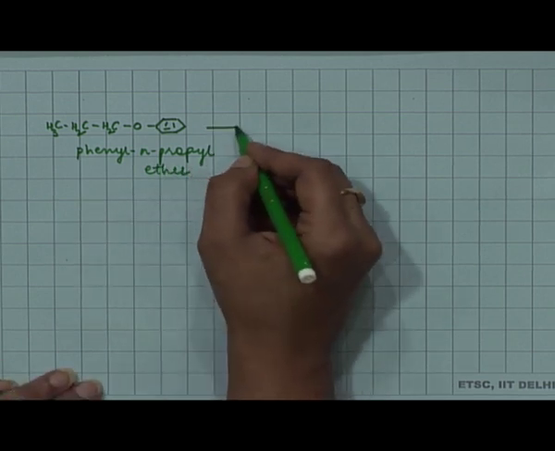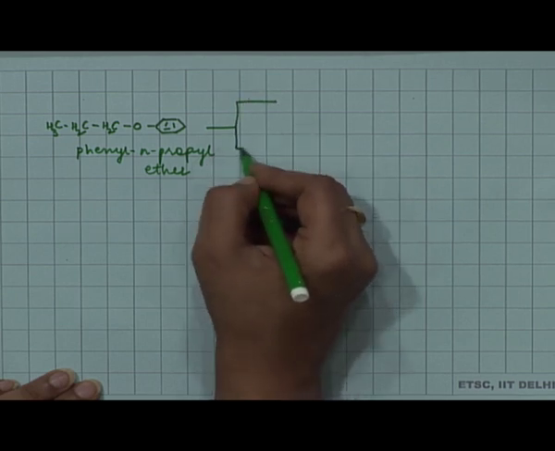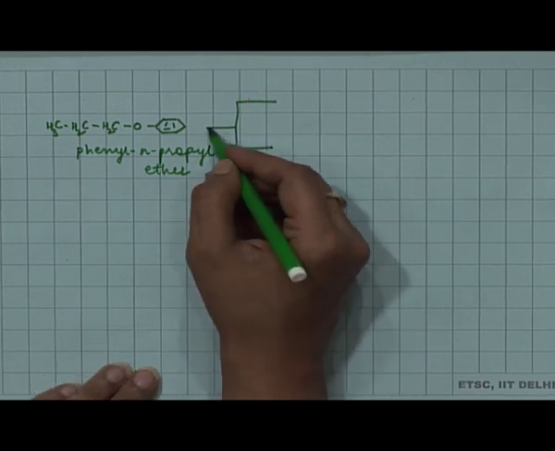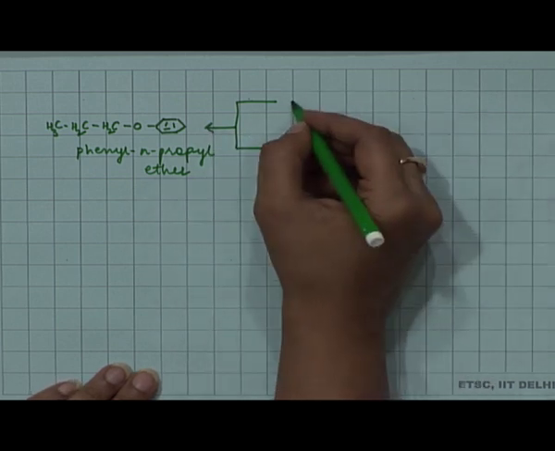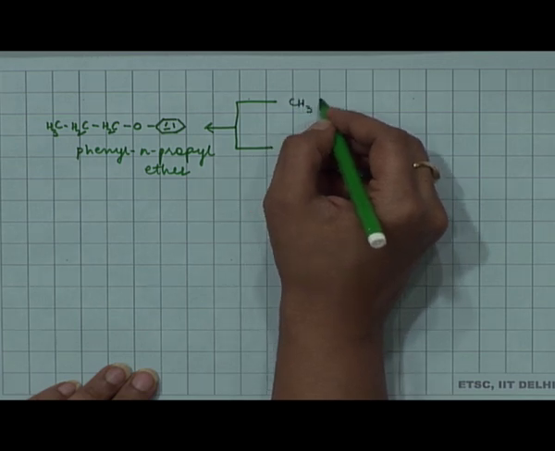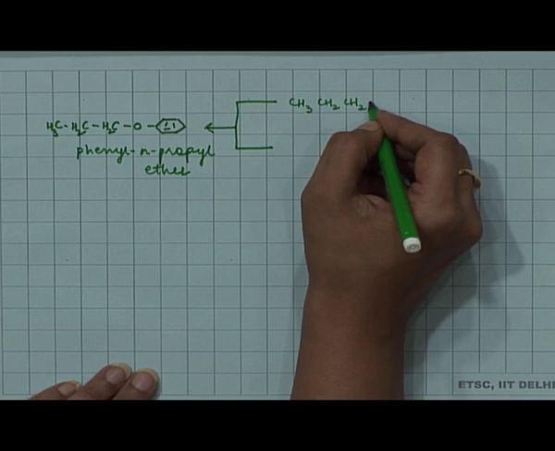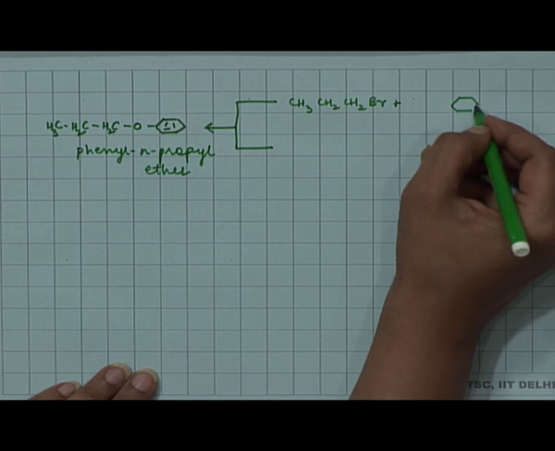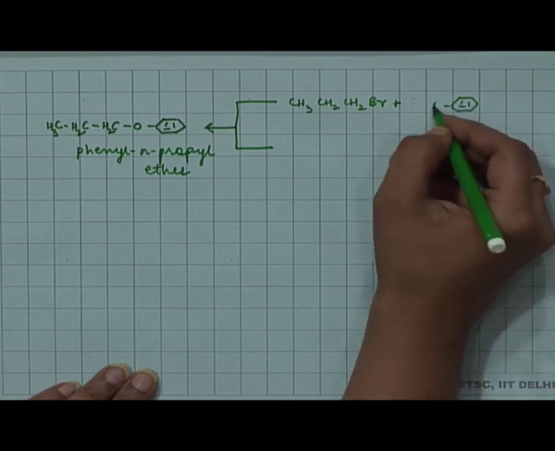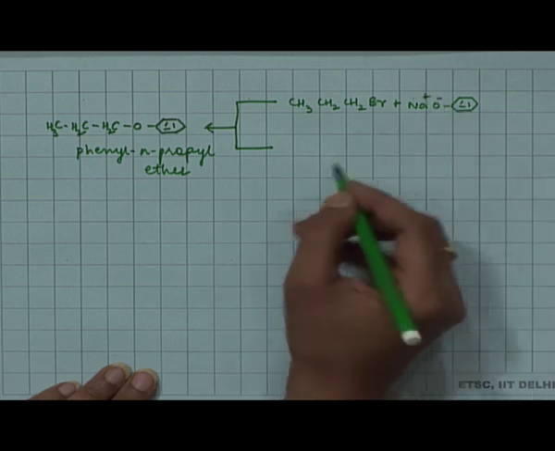There can be two routes or two combinations of reagents which can be used to arrive at this molecule. In one case, you can start with this alkyl halide and the sodium phenoxide.